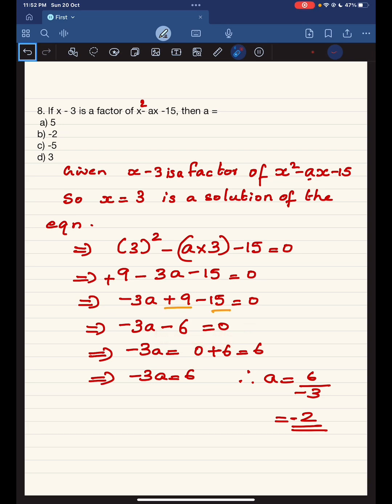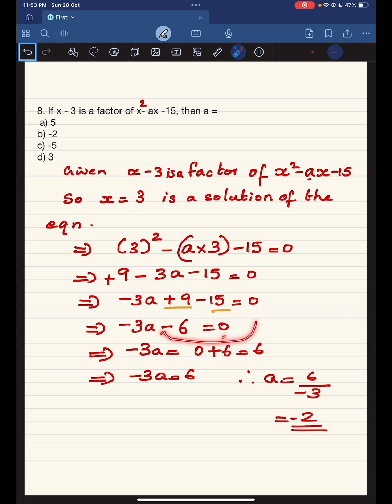When minus 6 goes to the other side, it becomes plus. If it is positive while transposing, it becomes negative. If negative, it becomes positive. If multiplication, it becomes division. If division, it becomes multiplication.